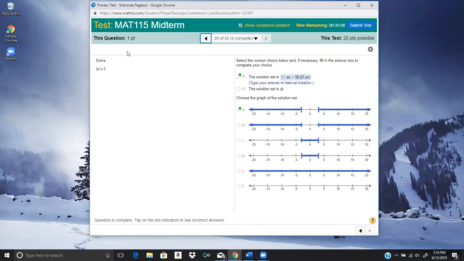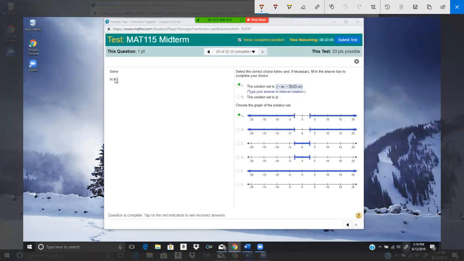And then inequalities. I give you the rules for absolute value inequalities because it's like a compound inequality. If you have the absolute value of x is greater than or equal to 3, then this would be an or. So it would be x greater than or equal to 3 or x is less than or equal to -3.